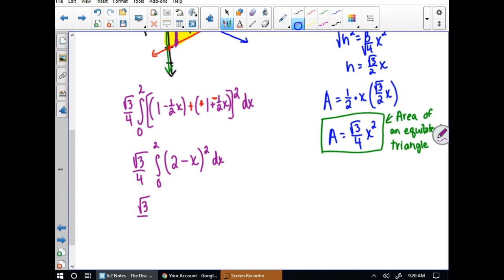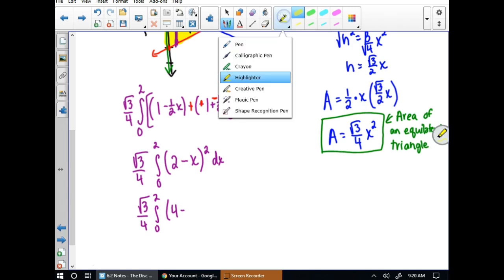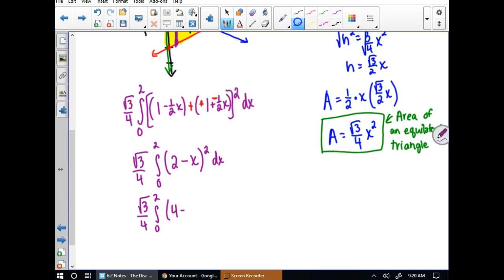So square root of 3 over 4, integral 0 to 2 of 4 minus 4x plus x squared dx.